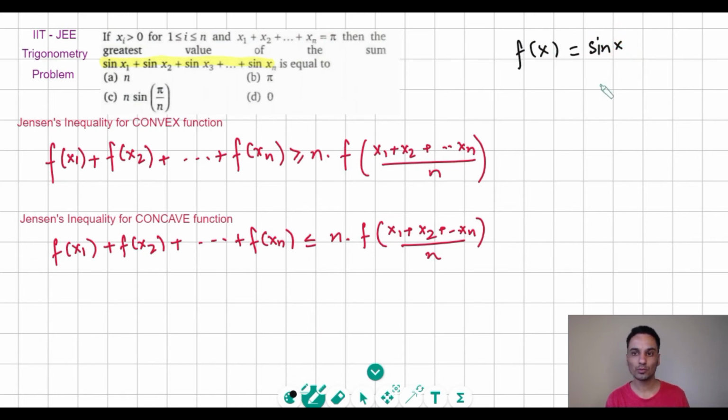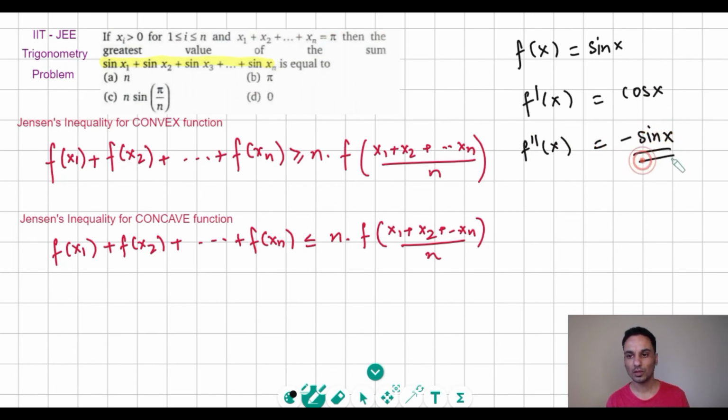In order to know if it is a convex or a concave function, we need to use the second derivative test. So we'll take the first derivative first, that's cos x, and again the second derivative would be negative sine x. Now, for any of the values of x between 0 to pi, we need to check if the second derivative is negative or positive.